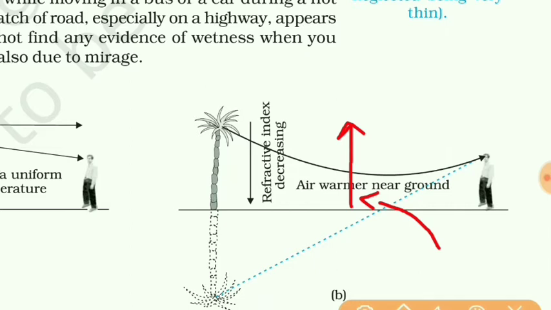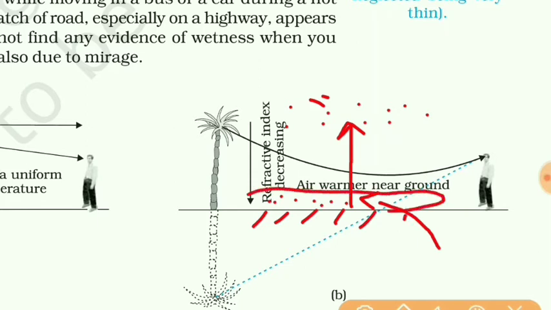When the air is hot it is less dense, and if the air is cold it is more dense. So near the ground this medium is rarer, and the medium above is denser, and this density gradually increases as we move in the upward direction.